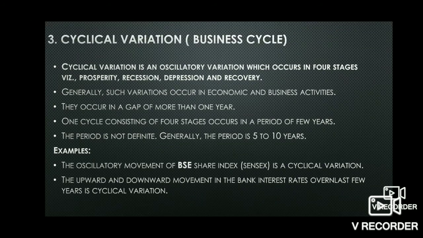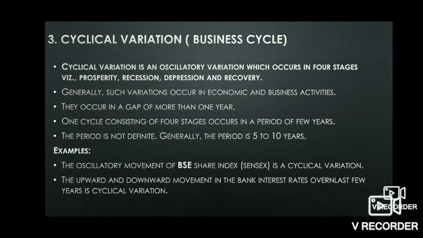So the third component of time series is cyclical variation or business cycle. Cyclical variation is an oscillatory variation which occurs in 4 stages, and those 4 stages are prosperity, recession, depression and recovery.